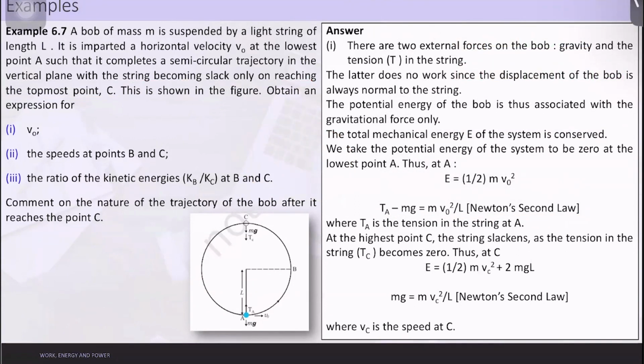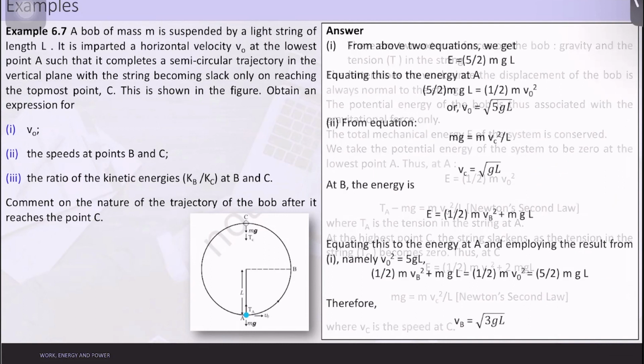The first equation was the total mechanical energy at A. The second was Newton's second law at A. Then next we have the total mechanical energy at C and Newton's second law at C. So these are the 4 equations. I explained to you how these equations came.